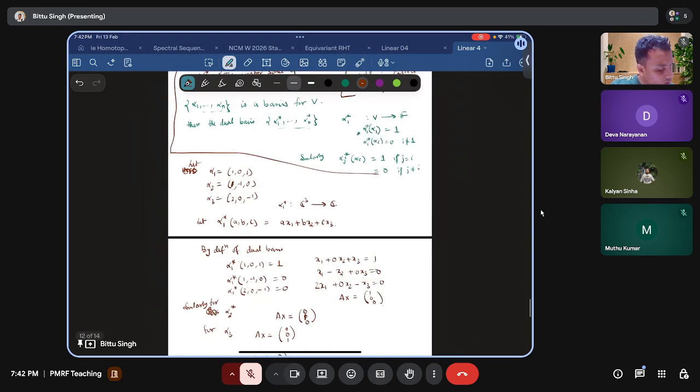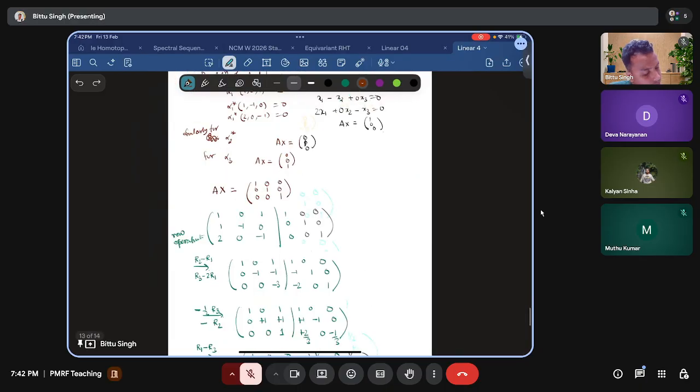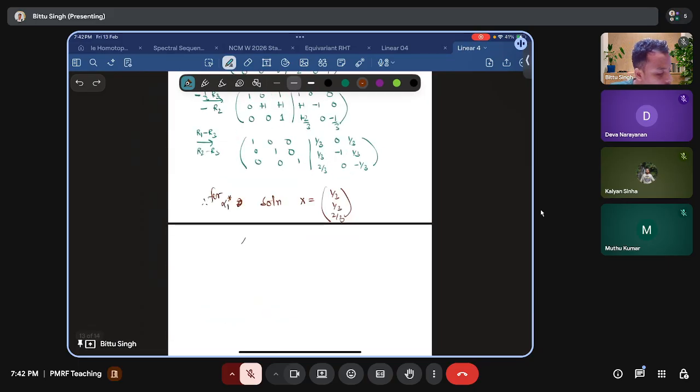Therefore we need to write alpha 1 star as this combination, which is a x1 plus b x2 plus c x3. Therefore alpha 1 star (a, b, c) is 1/3 x1 plus 1/3 x2 plus 2/3 x3.